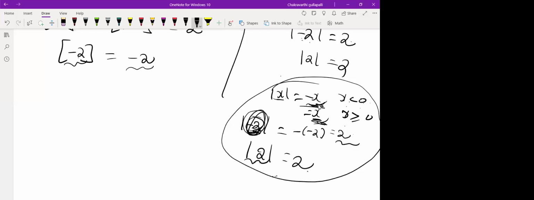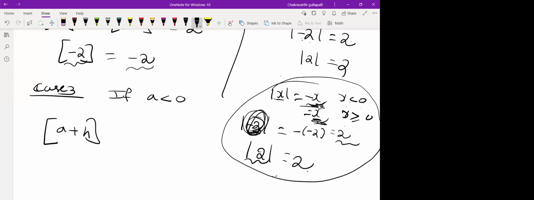Please note the difference. Next, the third one we have to discuss is if a is negative. This is case 3. If a is a negative integer, then how are we going to write that? For example, it is a plus h, where a is a negative integer.